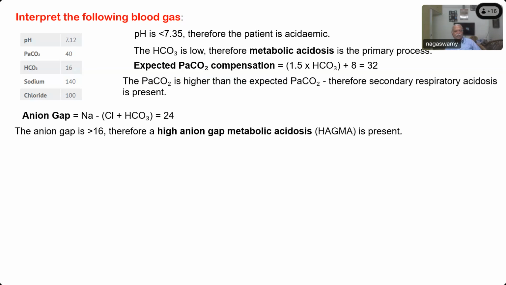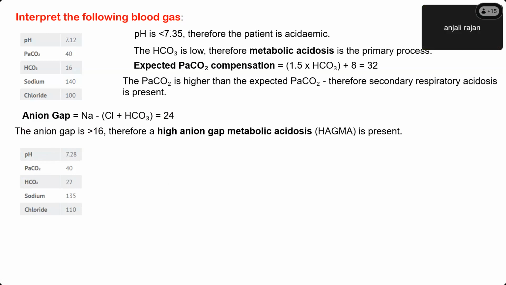So therefore, it is a high anion gap metabolic acidosis with respiratory acidosis. Even though PaCO2 value looks normal in this case, it should be interpreted with the compensation that should have happened. Please don't forget that point whenever you get an ABG report like this.